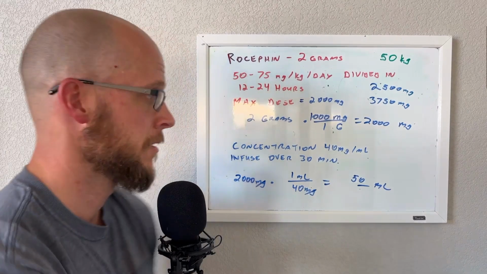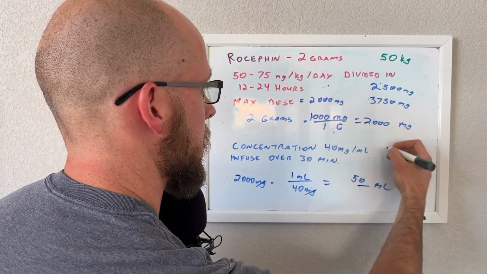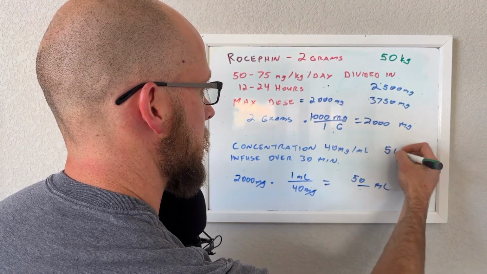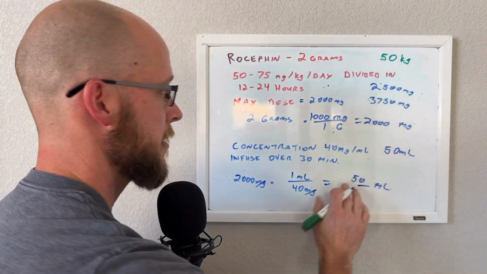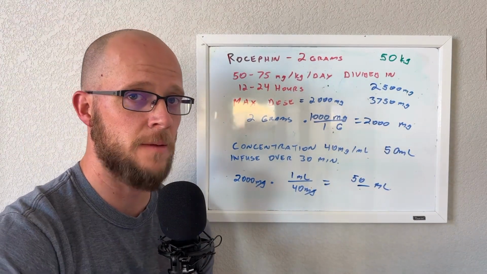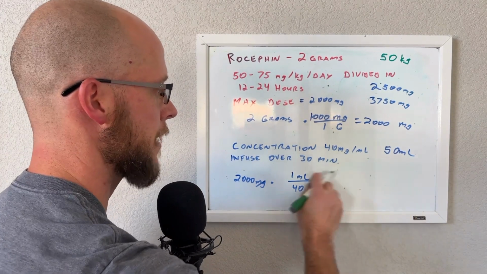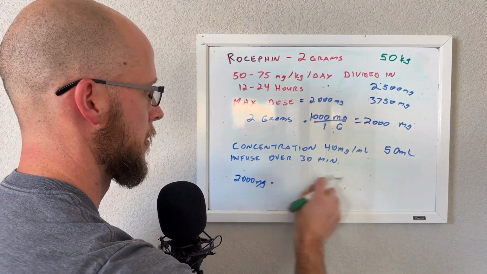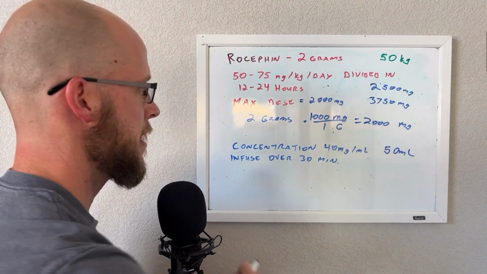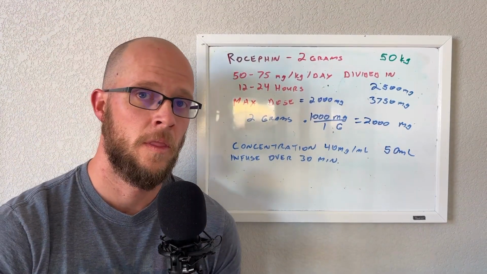Okay, so we're going to write 50 milliliters there. That's how much I have. That's 2,000 milligrams or 2 grams, right, of Rocephin. Okay. Then here we're going to go. So again, what do I know?